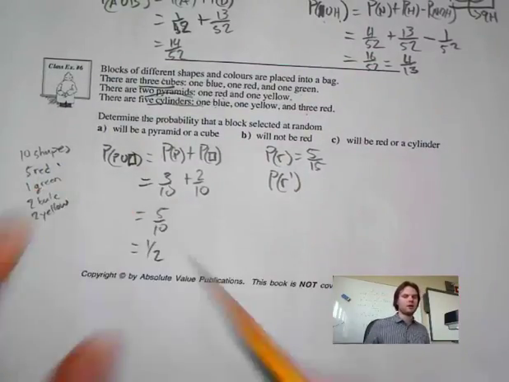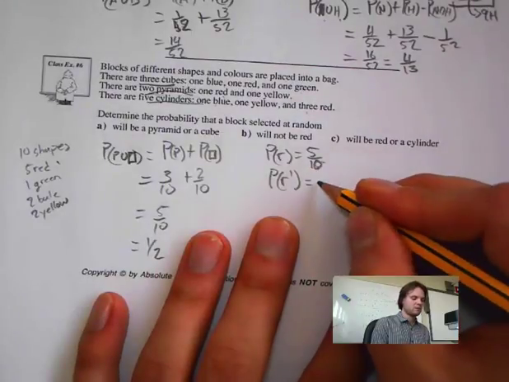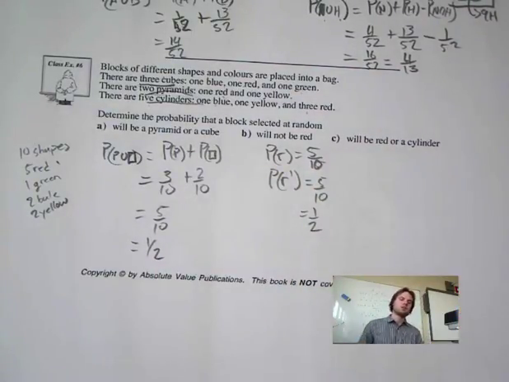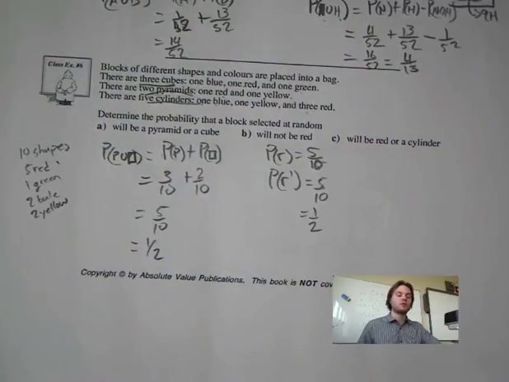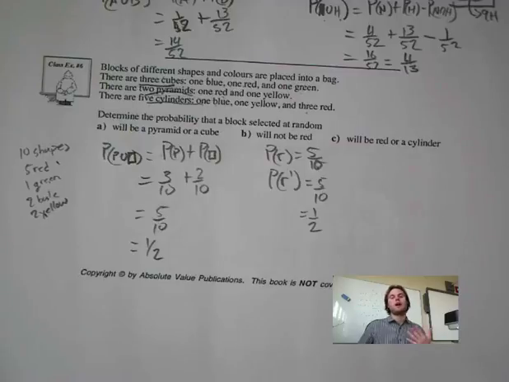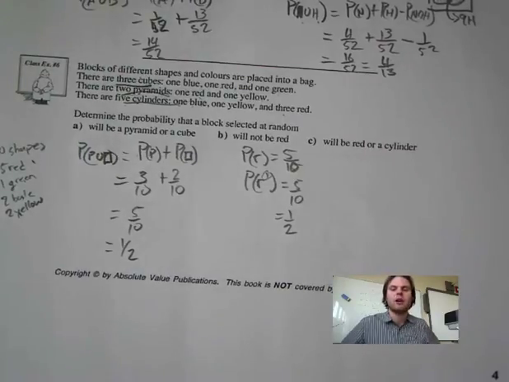So the probability of it not being red is 5 out of 10, which is the same as 1 out of 2. Because it's everything else that's not red. We have 1 green, 2 blue, and 2 yellow, which is 5. Okay, so that's the probability of it not being red. Remember, this notation here means not. So it's not in that set of red.